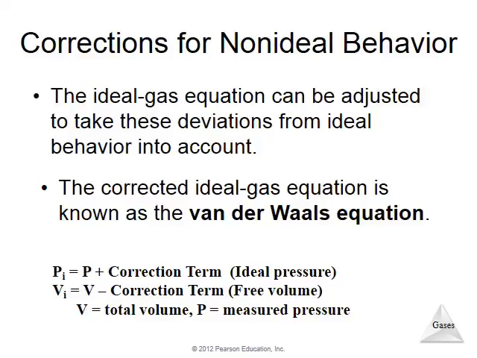Here we are showing you how the ideal gas equation can be adjusted so that we can take into account all the deviations from the ideal behavior. Let me explain this to you with a simple diagram. Say I have a container with all these gas molecules.